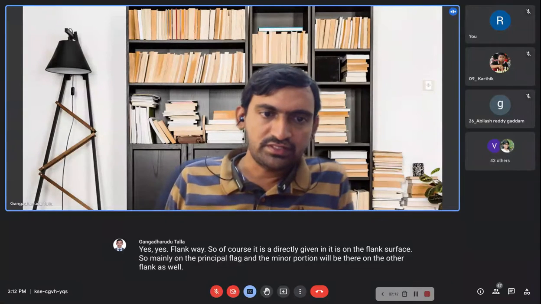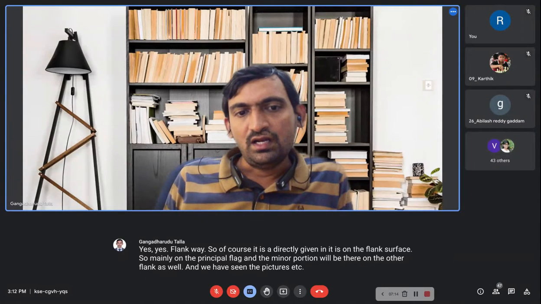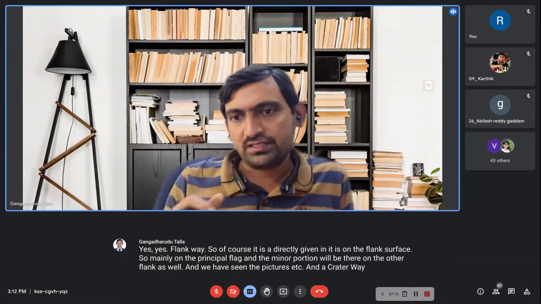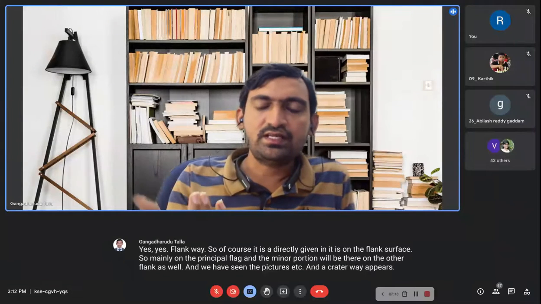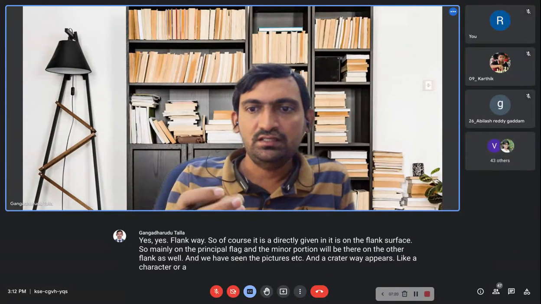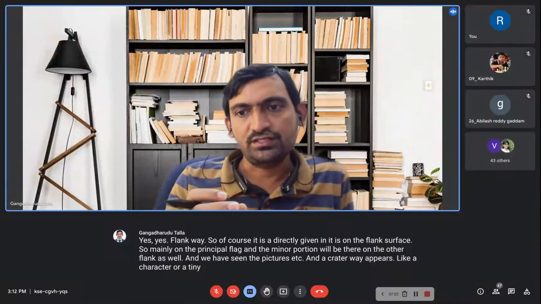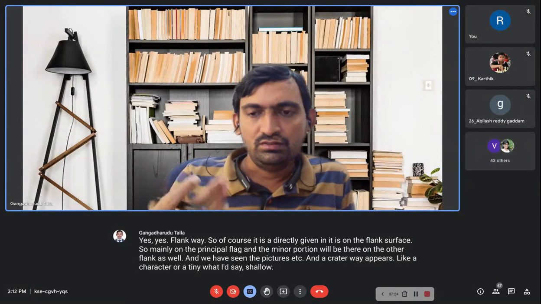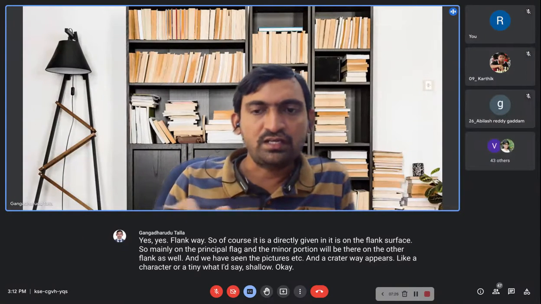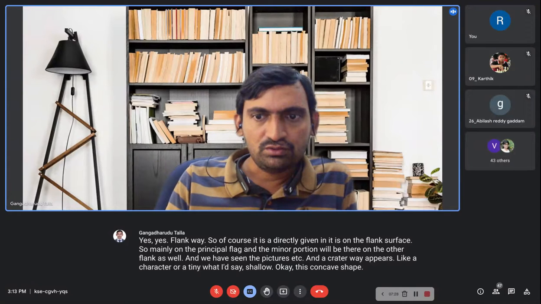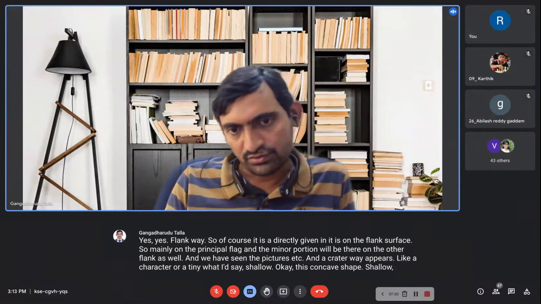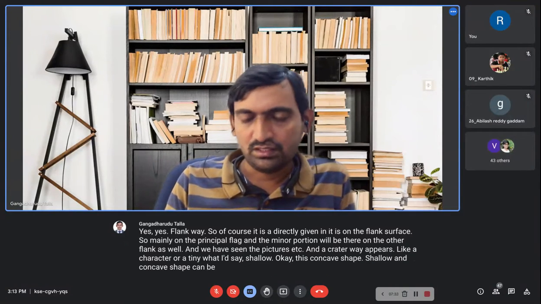And we have seen the pictures, etc. Crater wear appears like a crater, a tiny, shallow, concave shape that can be seen on the rake surface.